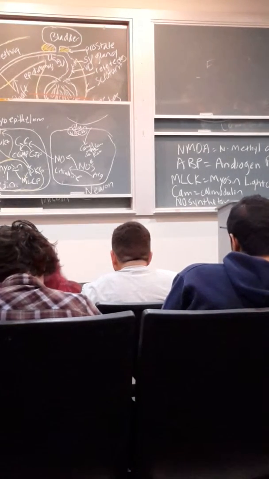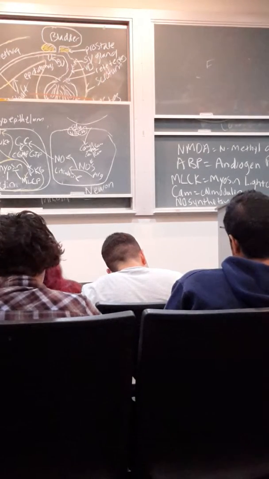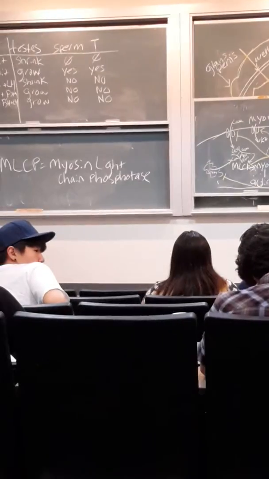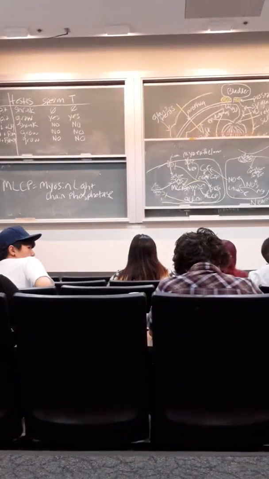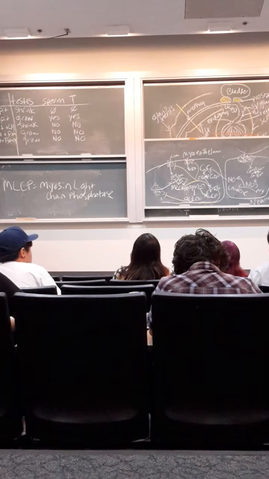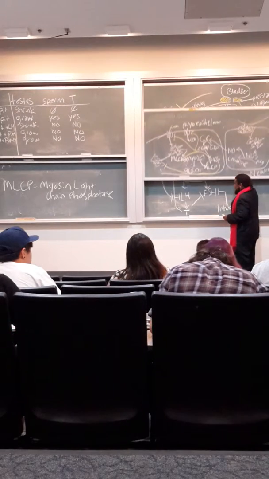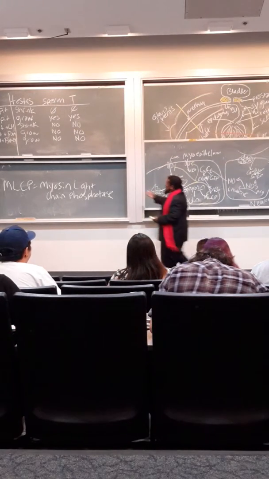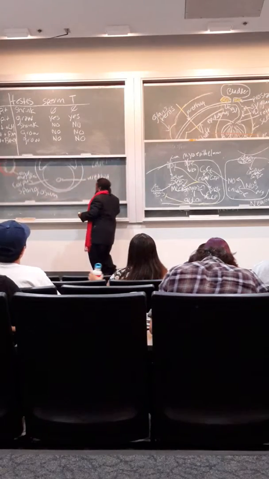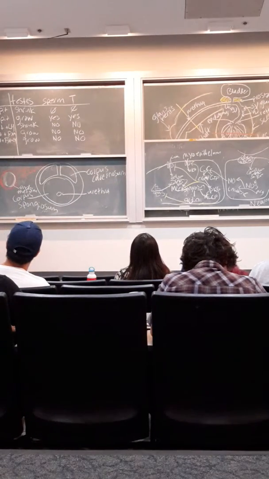So you're flaccid. Blood is not flowing through the penis, or as we'll see next week, the clitoris. Because you're contracted. You're contracted because myosin is interacting with the actin, keeping you contracted so blood doesn't want to go in there.